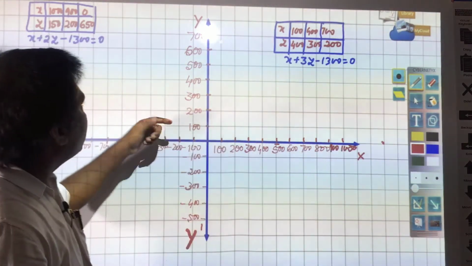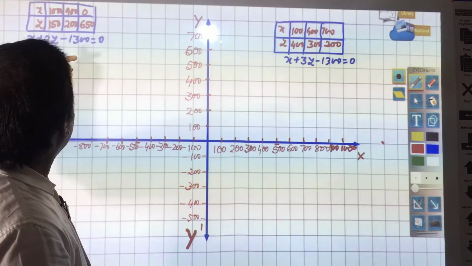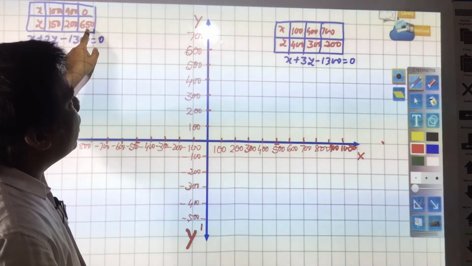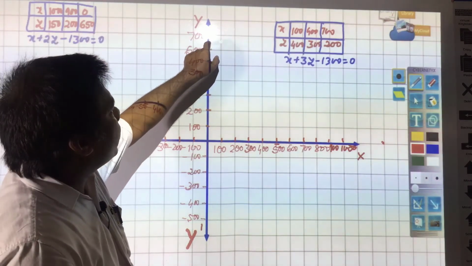So, we have taken 1000, and here you have y is maximum 650. So, 650 we can plot.